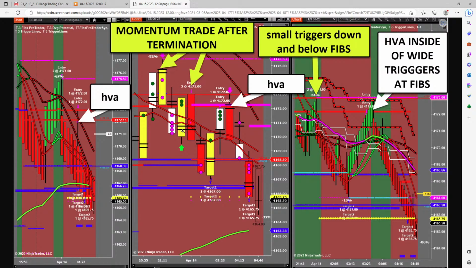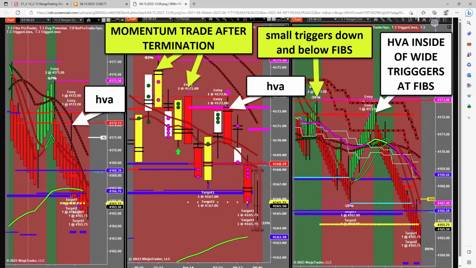The first one was a momentum trade in yellow, which technically I should have gotten in on the way up, but I was actually doing a replay when I was doing this. I was like, oh, momentum trade. And I got in a little late, but it doesn't really matter if you get in late as long as you put your stop in the right spot. But look, close below all the triggers. White paint bar should have sold a pullback here. It was a little late just because it's replay.